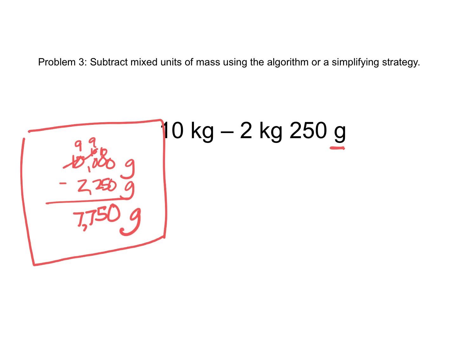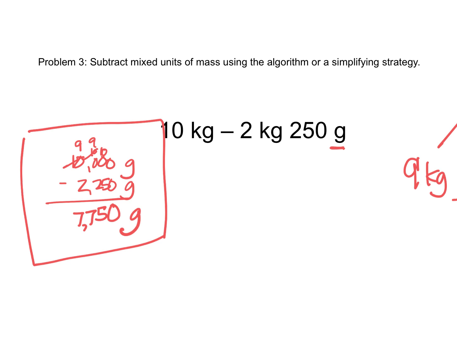Although now if we look at it and we want to just keep like units with like units, we could take our 10 kilograms. I'm going to do it just over here, 10 kilograms. And I can break that apart into 9 kilograms and 1,000 grams, because I know that 1,000 grams is equal to 1 kilogram.